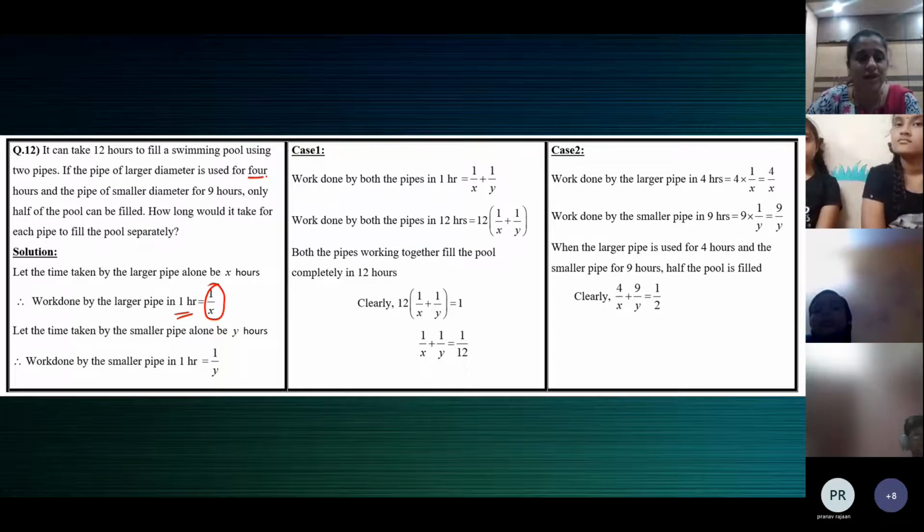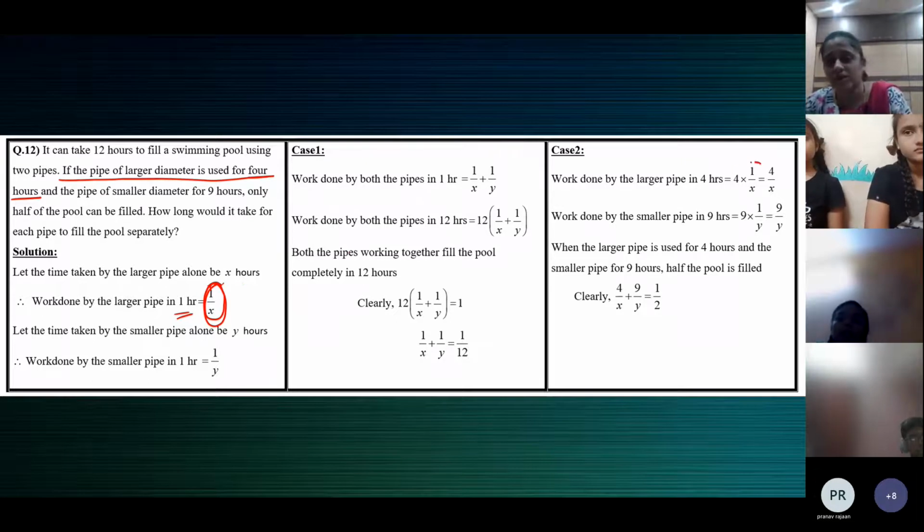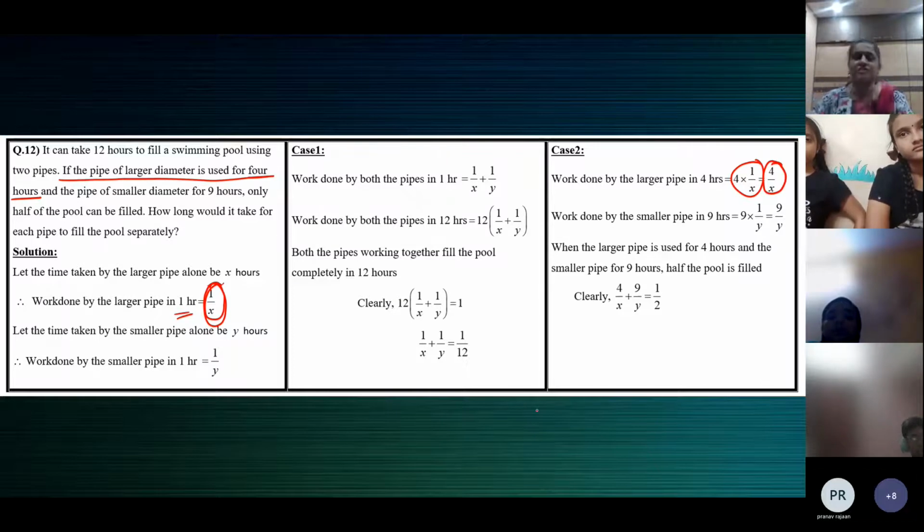If you use it for 4 hours, 4 into 1 by x, 4 by x, this fraction of the pool is filled.